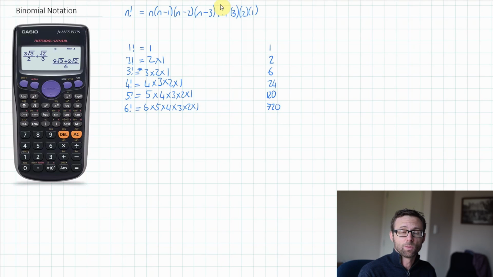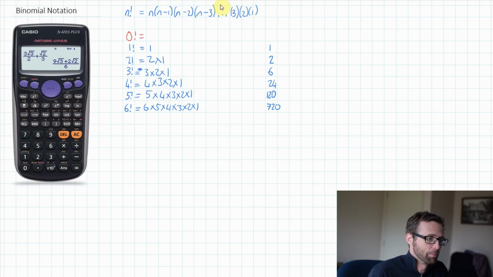And I think you can see as we move up, it's going to get bigger very quickly. Well, we are told in the exercise that you need to know that 0 factorial is equal to 1. Well, how so? You can see a pattern that's going on here.